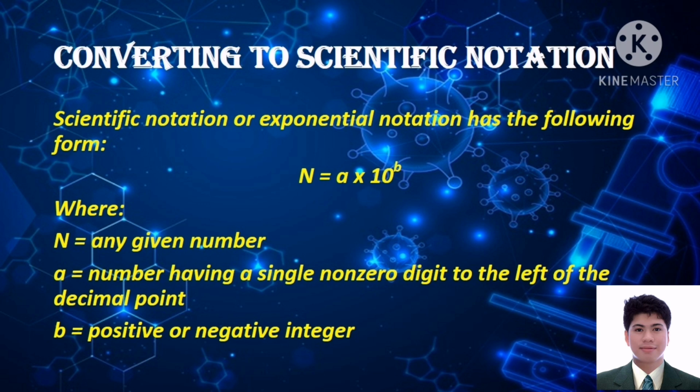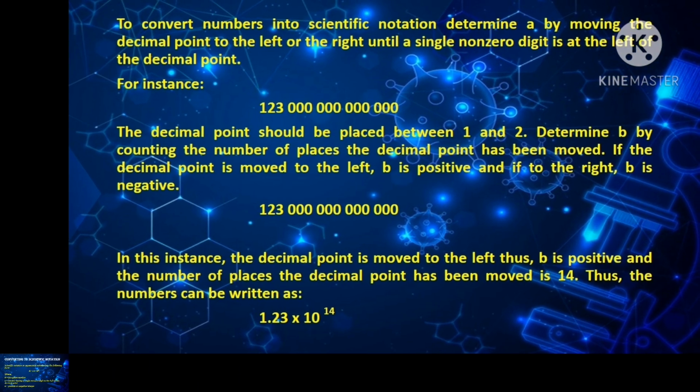Converting to scientific notation, or exponential notation, has the following form: n = a times 10 raised to b. As you can see, n stands for any given number, and a is a number having a single non-zero digit to the left of the decimal point, while b is either a positive or negative integer.